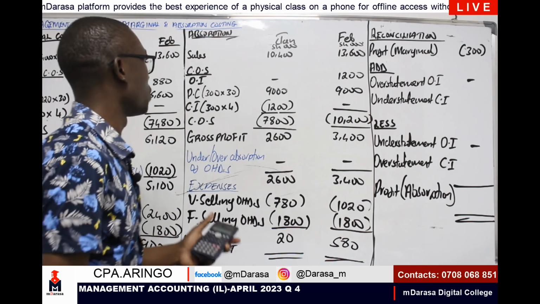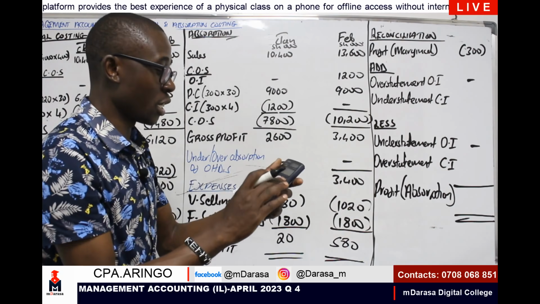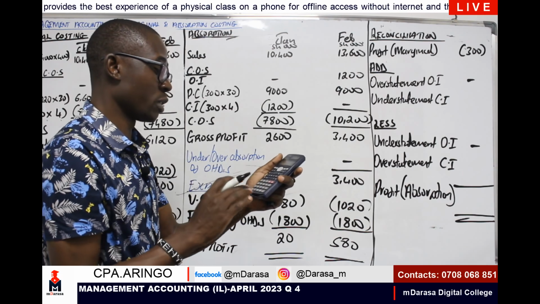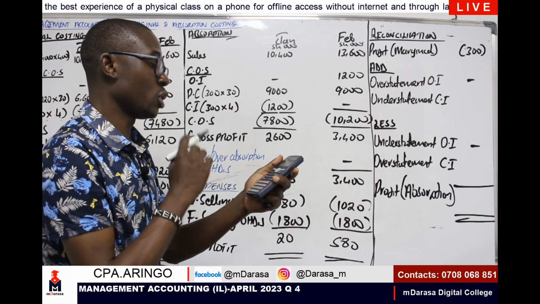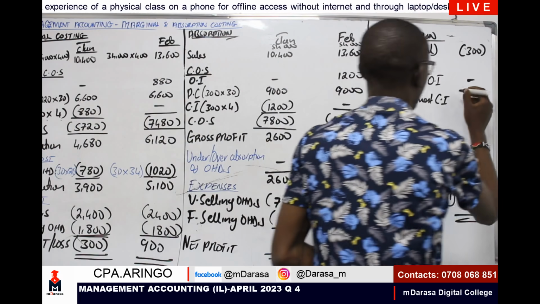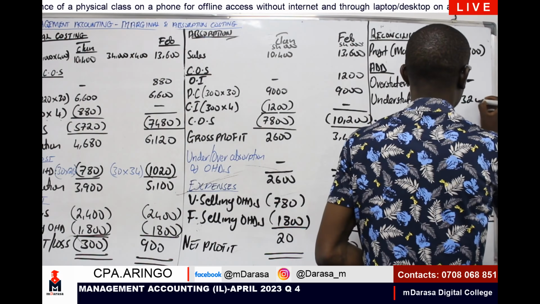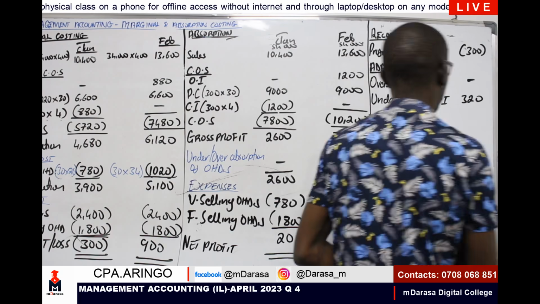I take my 1.2 less 880, which gives us 320. For opening inventory, I'll have dash.